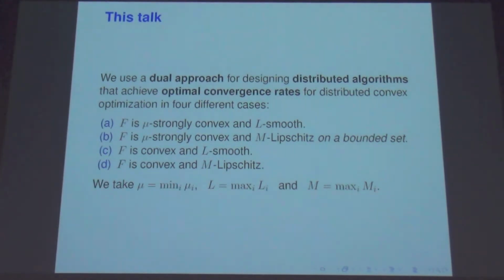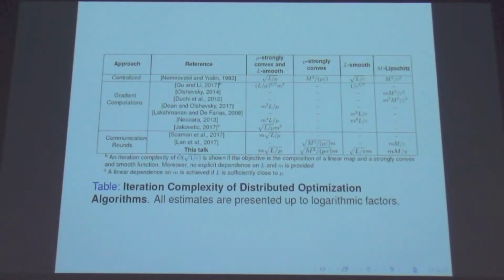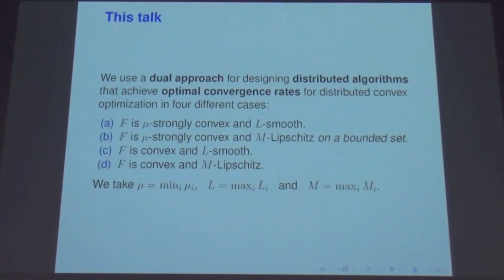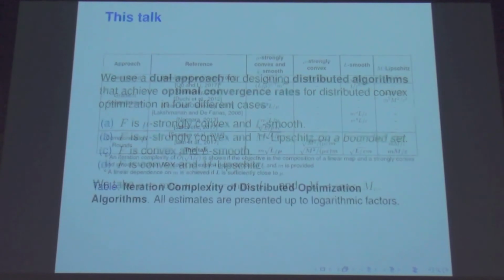And the 4 function classes that I'm going to present are, of course, strongly convex and smooth functions, only strongly convex and Lipschitz on a bounded set, only convex and smooth, or convex and M-Lipschitz also on a bounded set. These are the 4 classes of functions that I'm going to explore. I'm going to focus only on the first one for time, but then if there is time, we can talk a little bit more about the others.